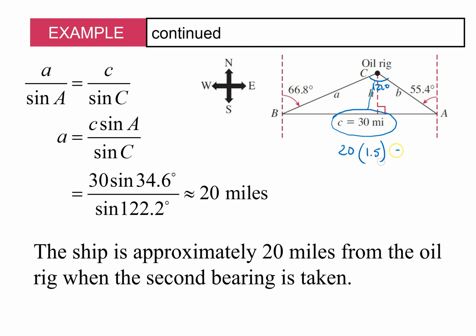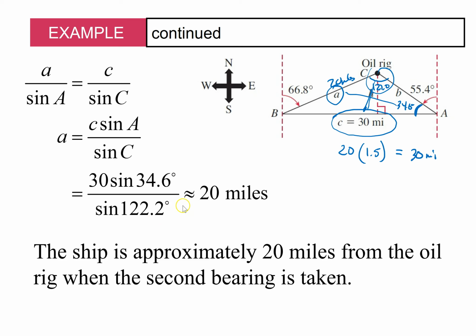So that would be a 1.5 multiplier, or 30 miles. It has traveled 30 miles. So we have an angle and its opposite side, an angle which we know to be 34.6, and its opposite side, which is a. All right, so what do we get? It's approximately 20 miles away using law of sines.